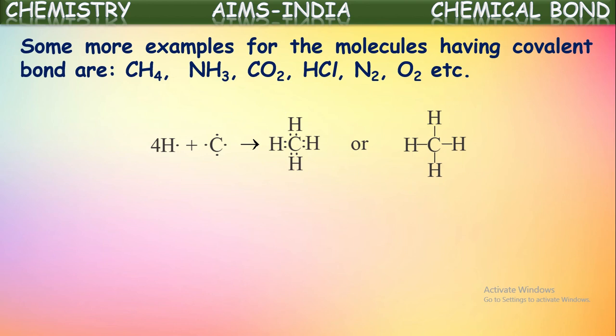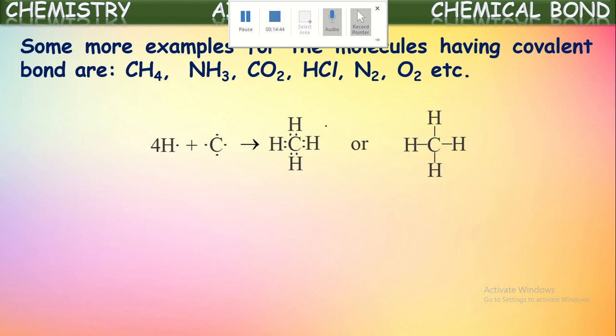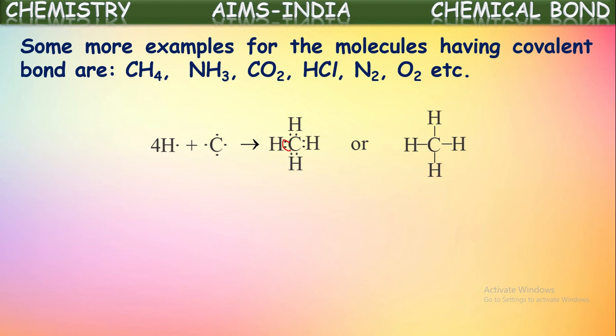When this hydrogen and carbon approach each other, four hydrogen atoms contribute one electron from each. At the same time, carbon contributes four electrons, and thus between each carbon and hydrogen, two electrons are shared. Now this hydrogen is getting a duplet configuration.